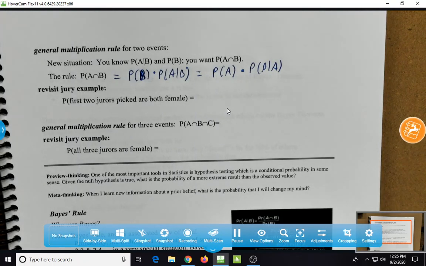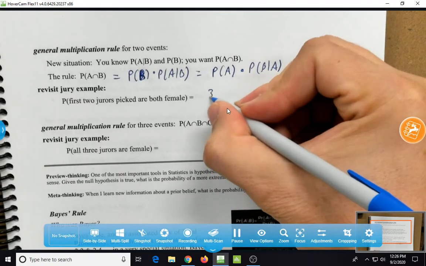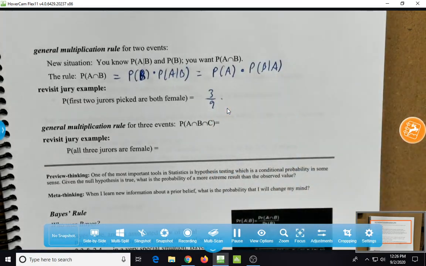So let's revisit our case where the first two jurors picked are both female. Remember, we had 3 females out of 9. So what's the probability my first juror is a female? 3 out of 9. Now, given that the first is a female, what's the probability the second is a female? 2 out of 8.